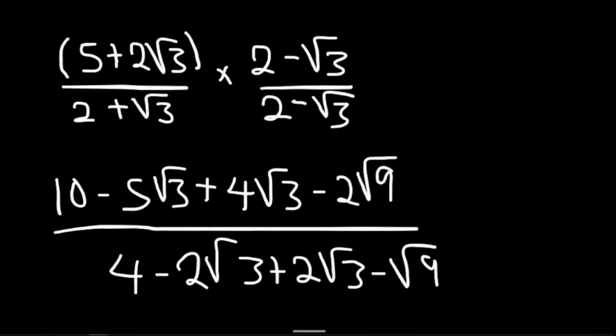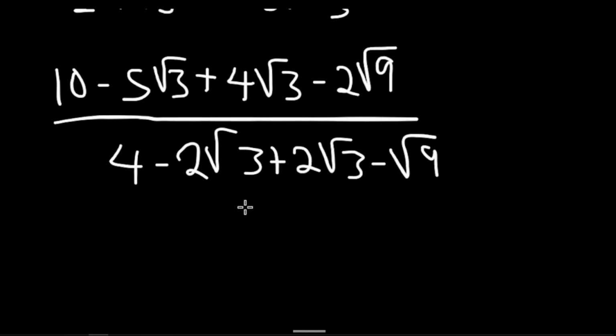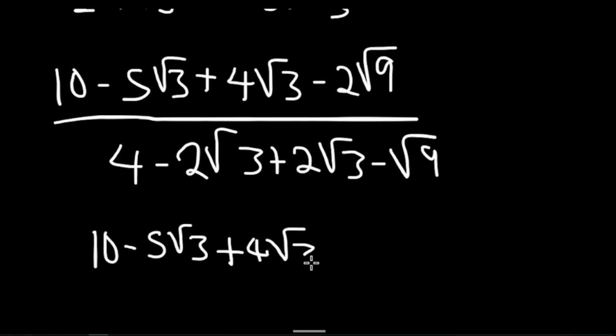So now notice that these two will cancel because we've got negative 2 root 3 plus 2 root 3, so they'll cancel. So I think we can just simplify everything, so that will become 10 minus 5 root 3 plus 4 root 3, and then negative 2 by the root of 9, but we know the root of 9 is 3, so that's going to become negative 6.